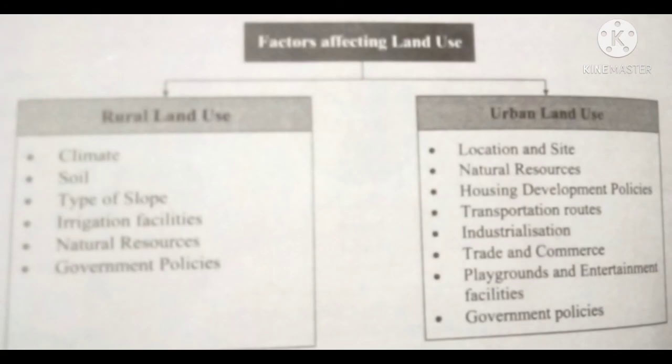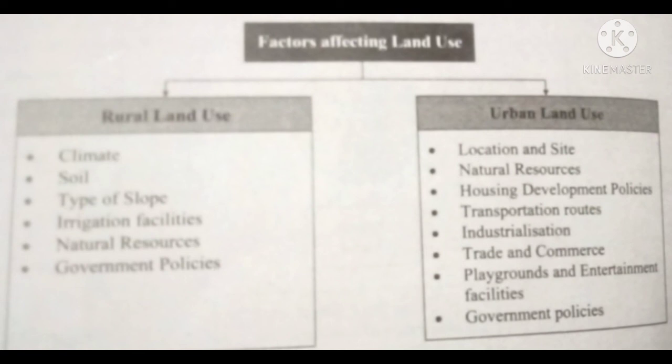Last but not the least, which are the factors that are affecting land use? There are 2 types, rural land use and urban land use. The factors affecting land use on the village side are climate, soil, types of slope, irrigation facilities, natural resources and government policies.